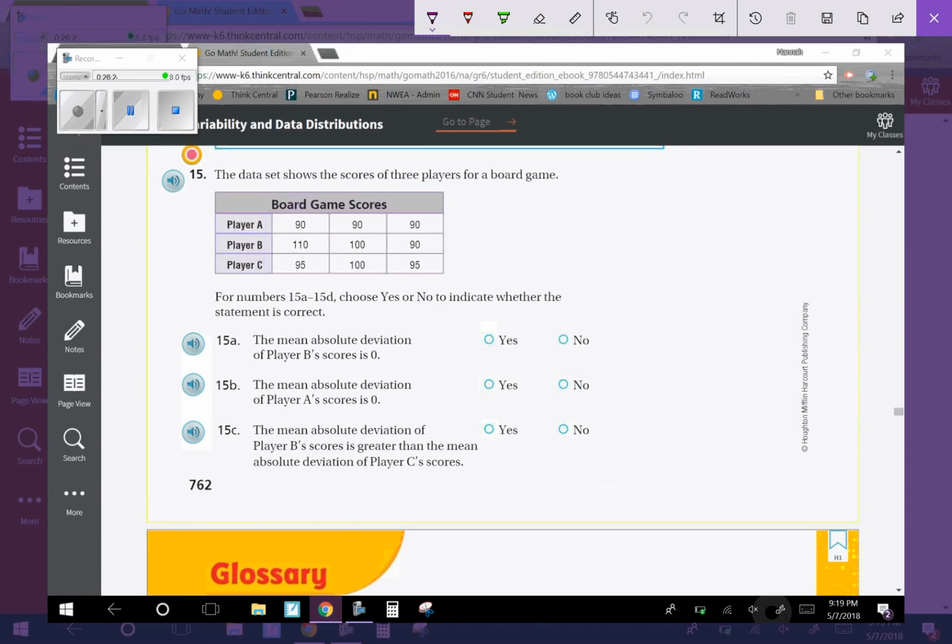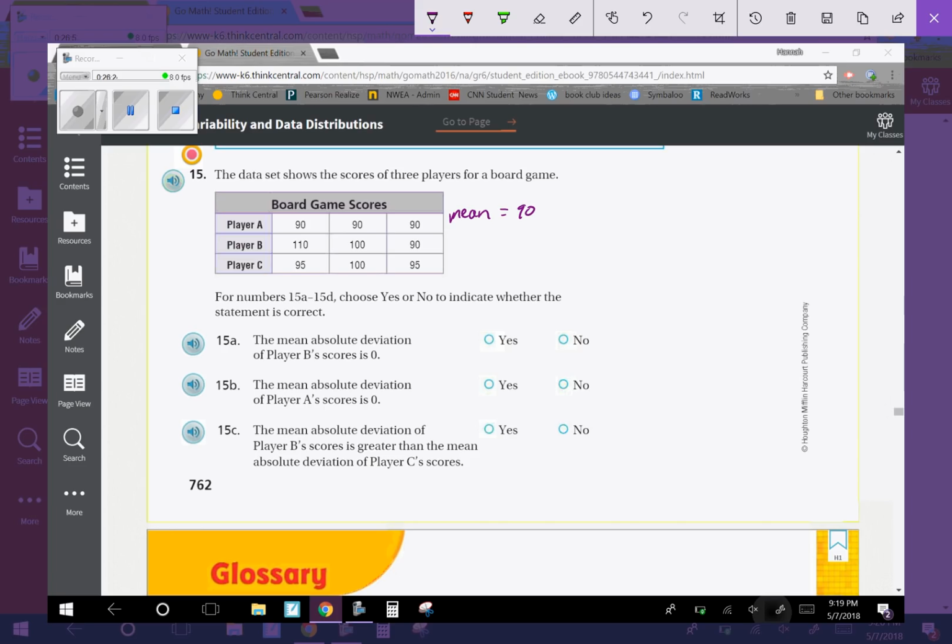15. The data set shows the scores of 3 players for a board game. We're going to indicate whether each is true or false. So the mean absolute deviation of player B's score is 0. So let's look at player B. For player A, the mean is 90.